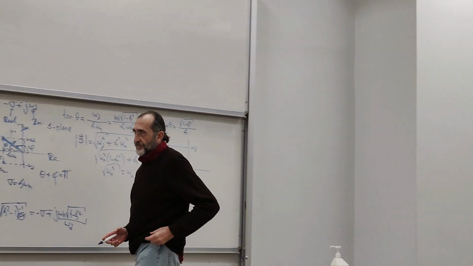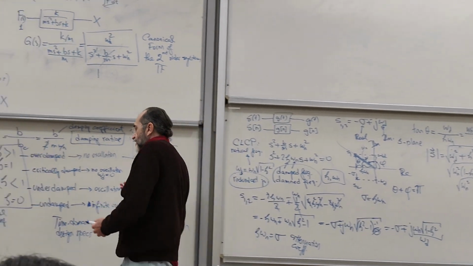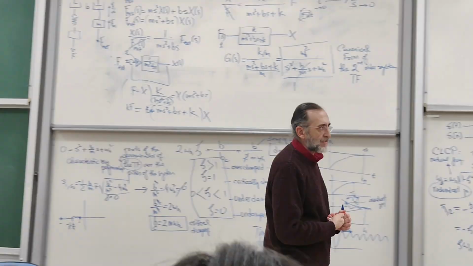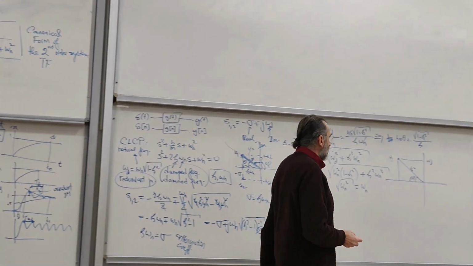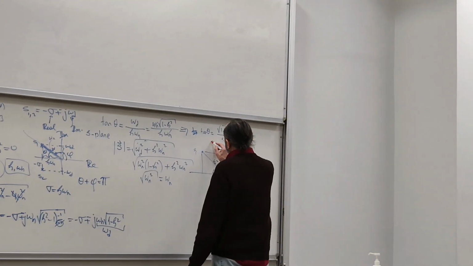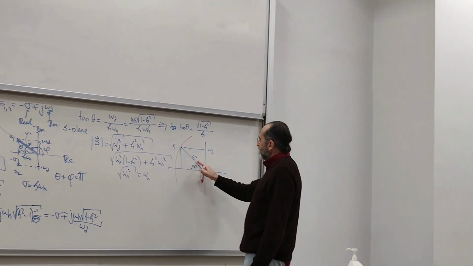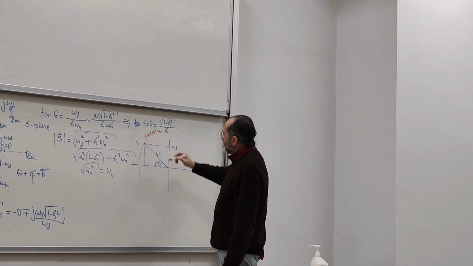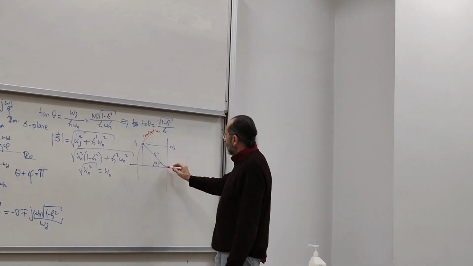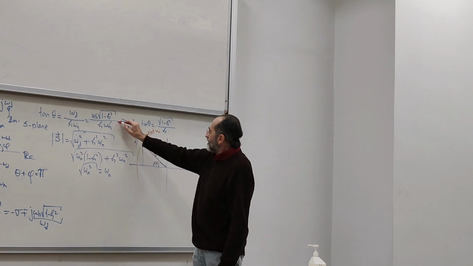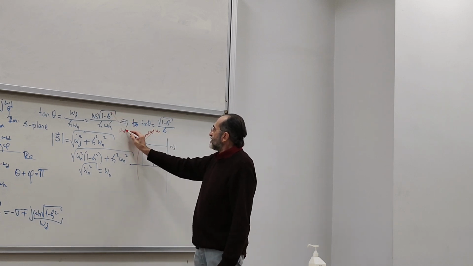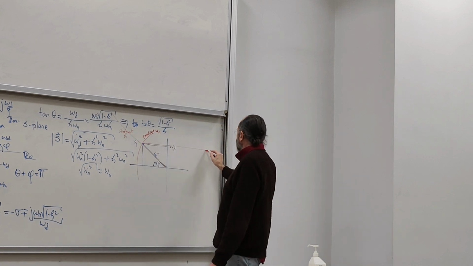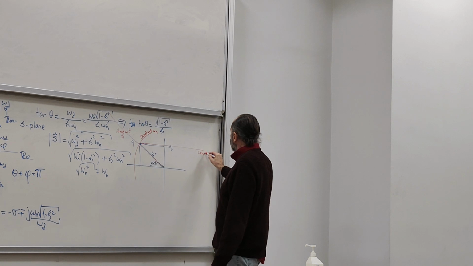So if you want to change the behavior of your system, this gives you an excellent visual understanding of what you can do. The circle is constant omega n. Alright? The line is constant zeta. And this line here is constant omega d.